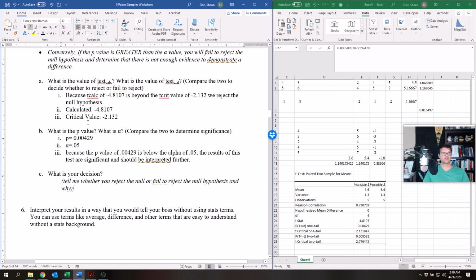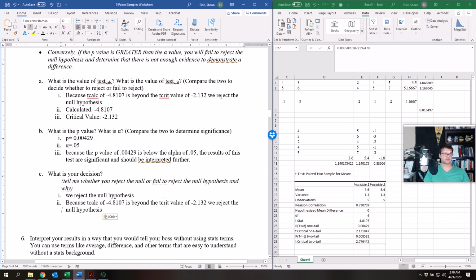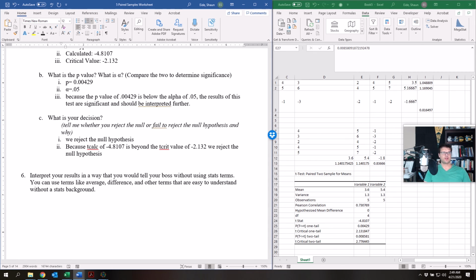What is our decision rule? I guess I already did that. There we go. Interpret your results in a way that you would tell your boss without using stats terms. Okay, so this is a really important part.